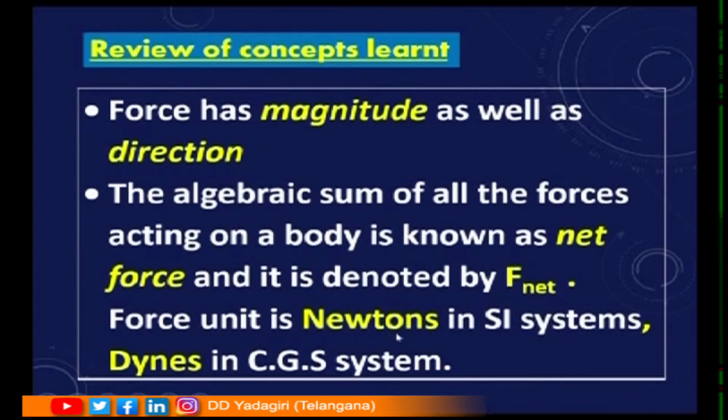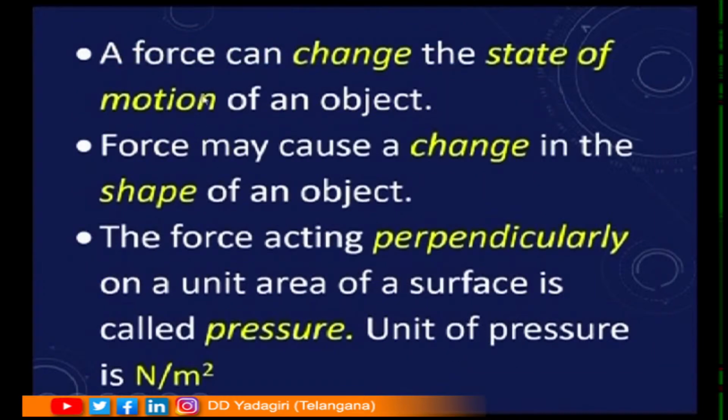Force unit is newtons in the SI system, dynes in the CGS system. A force can change the state of motion of an object. Force may cause a change in the shape of an object also. The force acting perpendicularly on a unit area of surface is called pressure. Unit of pressure is Newton per meter square.